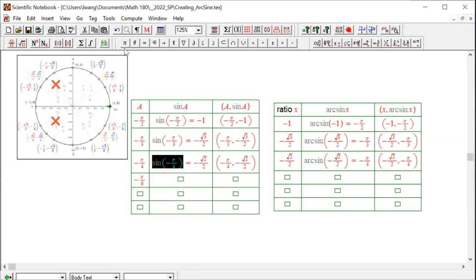So we go one by one. So it's sine of negative pi/6, and the output is negative half.